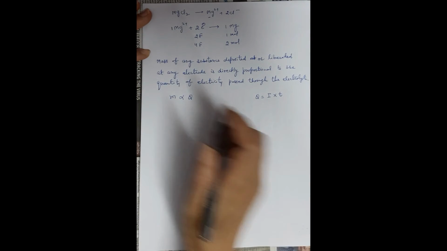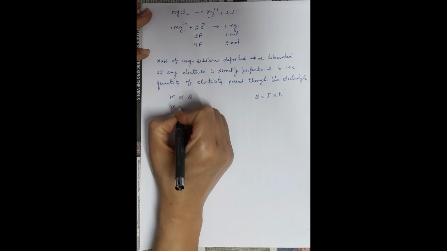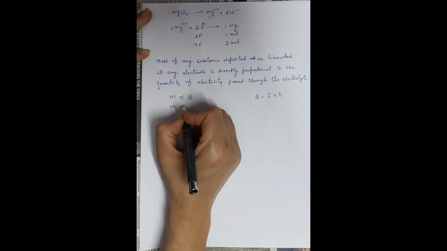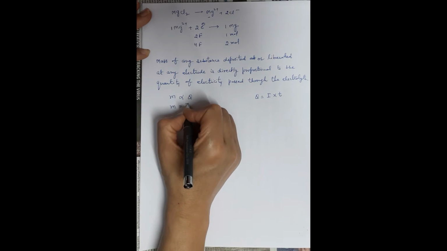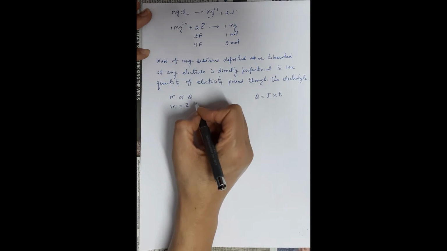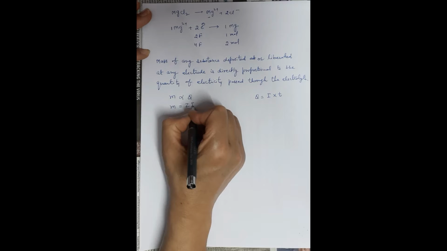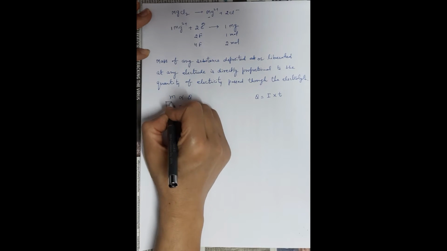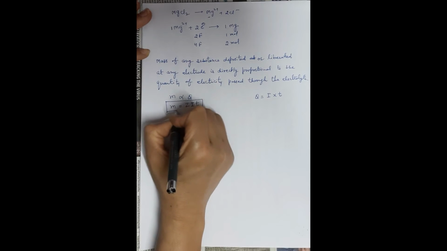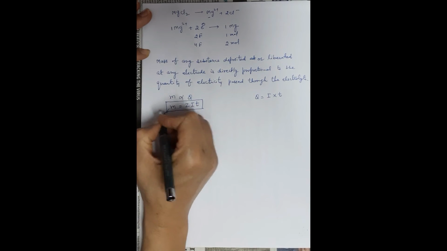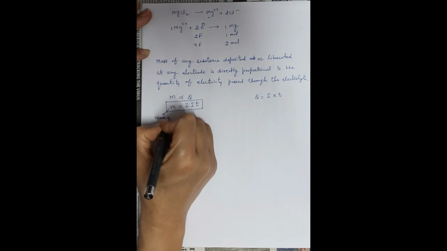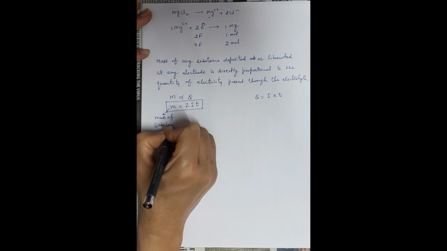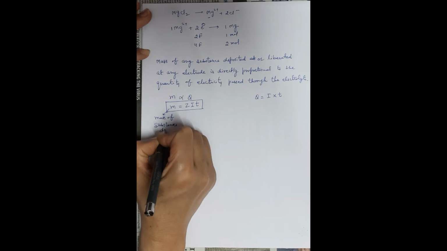So I'll write down here mass is equal to, I'll remove the proportionality sign, Z. Z is the proportionality constant. Q I can write as I into T. So my formula here is M is equal to ZIT. What is M? M is the mass of substance deposited.